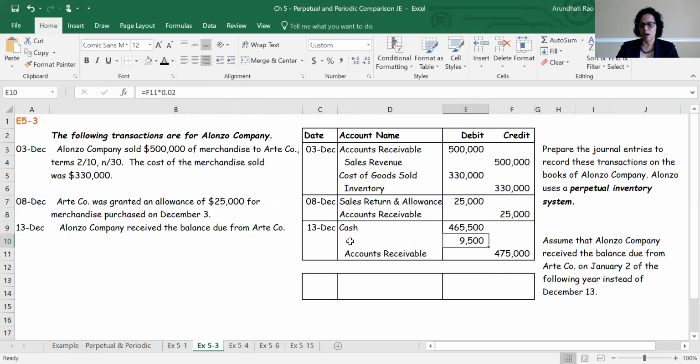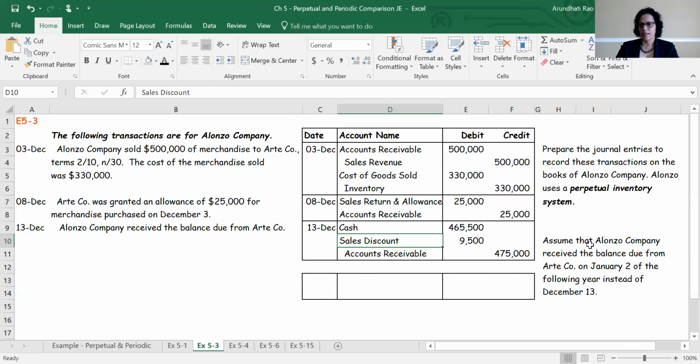Again, I use a contra revenue account called sales discount. So it's going to be cash debit for 98% of the amount owed to me, sales discount debit for 2% of the amount owed to me, and accounts receivable credit for the entire amount that was owed to me. They have settled the account in full.